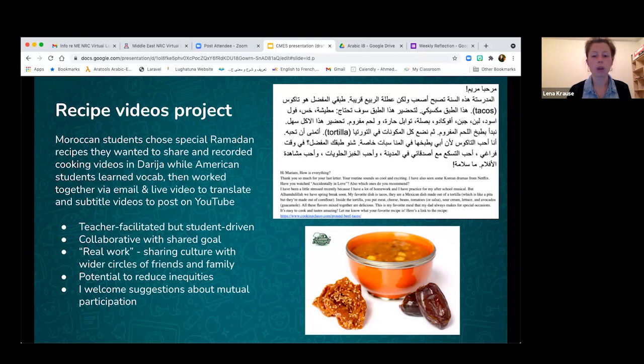So I really welcome, after this talk, any feedback or any experience other folks have in terms of making an equitable and mutually beneficial exchange, and as much contact between the students as possible. We're hoping for some live video exchanges, and if nothing else, definitely email, maybe even some WhatsApp.